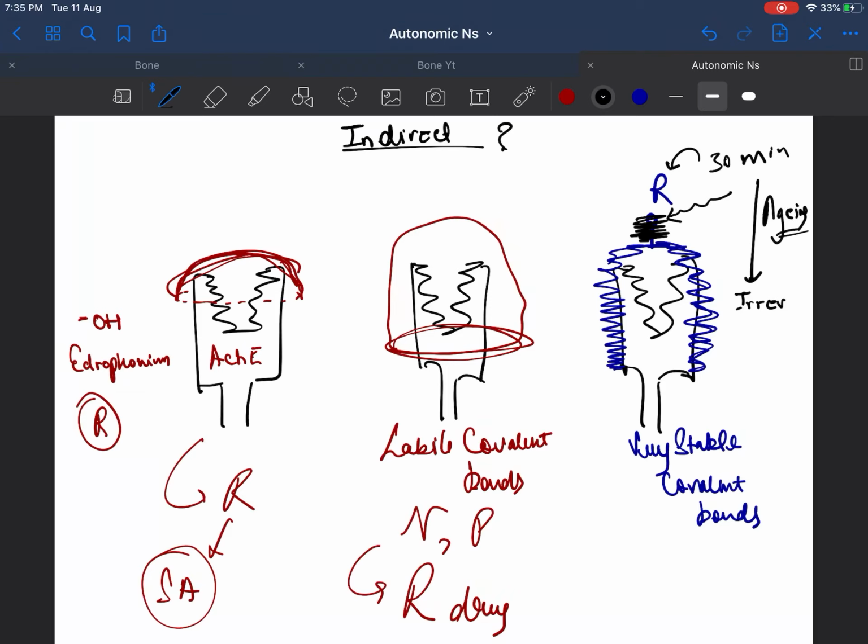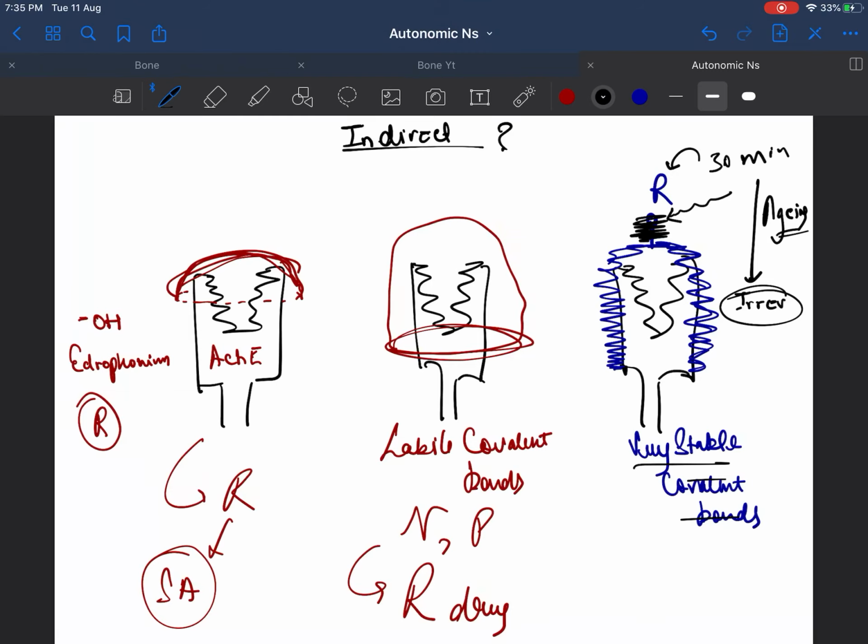For example, a person has taken something like organophosphorus and is suffering from organophosphorus poisoning. If the antidote is not given within 30 minutes, it will lead to aging of the enzyme and very stable covalent bond formation, and it will be irreversibly bound. Irreversible enzyme inhibition will take place and the patient will die.